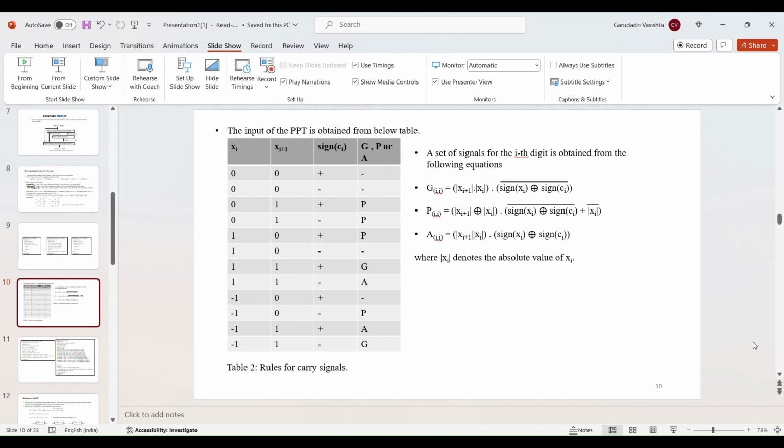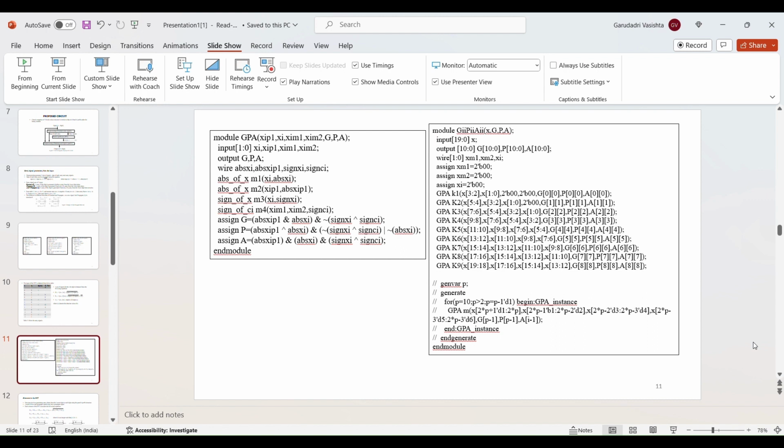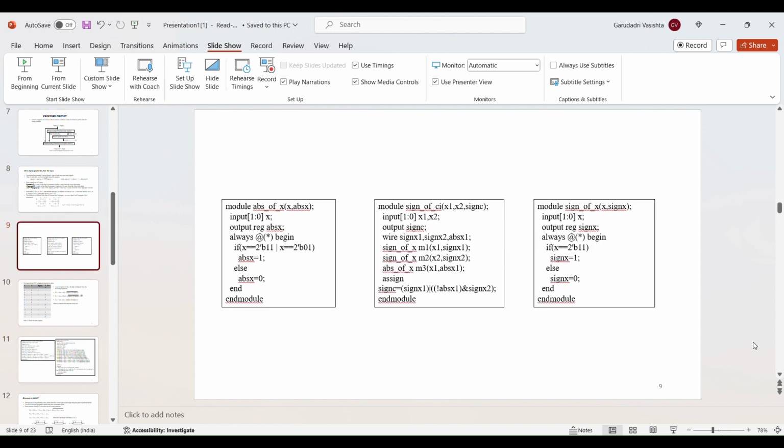Now Vasishta will tell how this PPT block is going to act, and this is the code which we have implemented to calculate Gi, Pi, and Ai, and also we have calculated the absolute value of x, sign of Ci, and sign of xi.